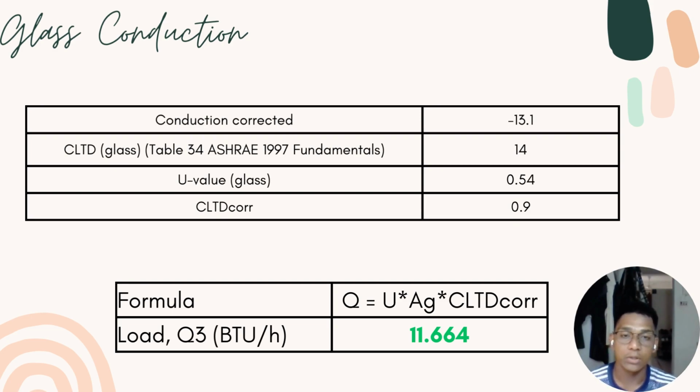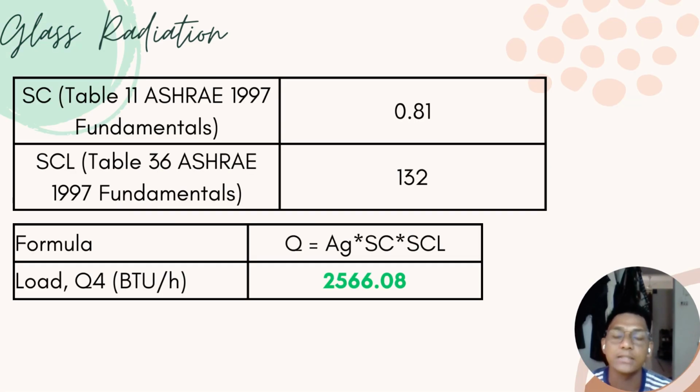Next we continue to the glass conduction. Basically the formula is Q equals U times area of glass times the CLTD corrected. The CLTD for glass we get from Table 34. So Q3 we get 11.664 BTU per hour. Next is the glass radiation. The formula is Q equals area of glass times SC times SCL.